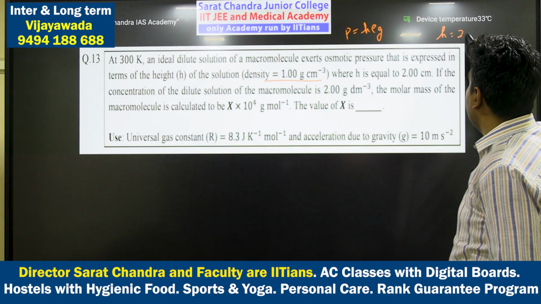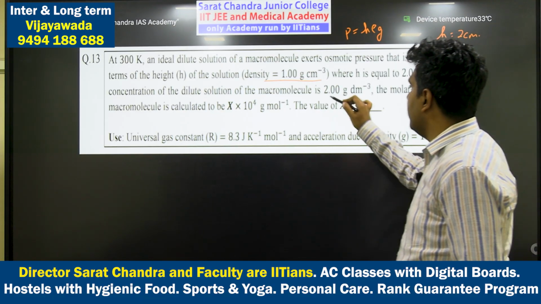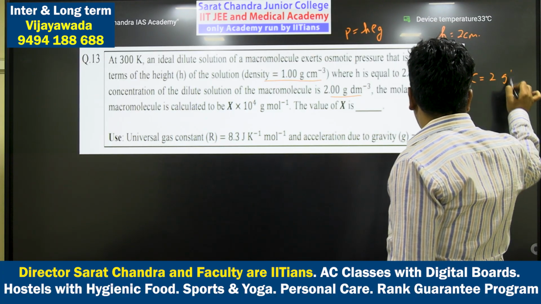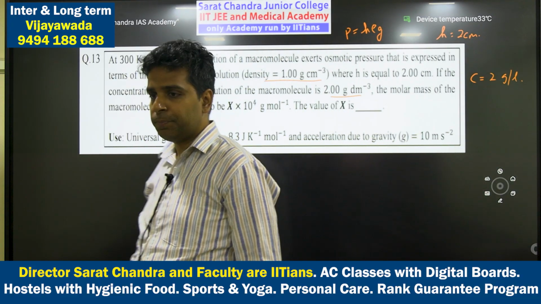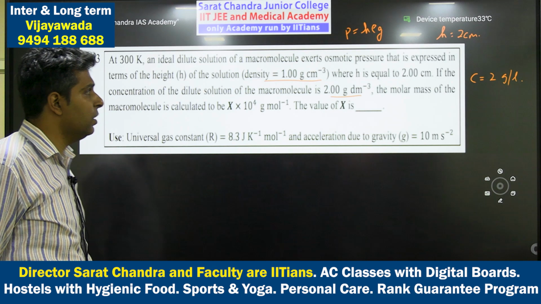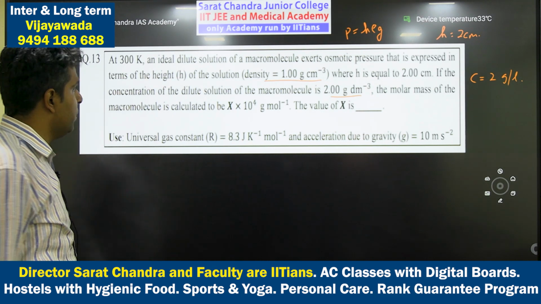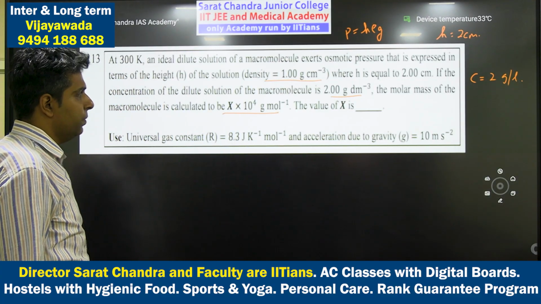The concentration of the dilute solution is given as 2 grams per decimeter cube. 1 decimeter cube is nothing but 1 liter, so concentration is given in grams per liter. The molar mass of the macromolecule is calculated to be this. We have to find out the value of X.